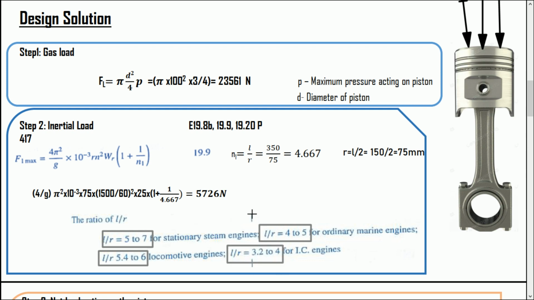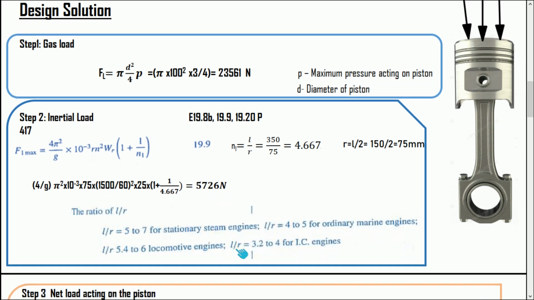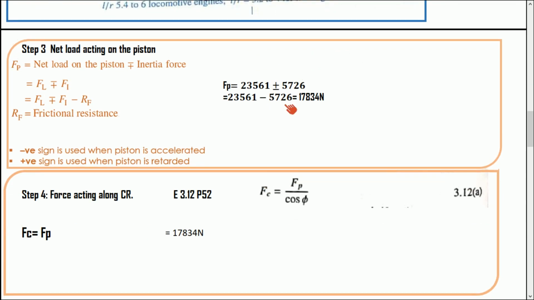Like this we are supposed to take the values of L by R or simply n1, and use them in this equation. So upon substituting all these values, what we are going to get is the inertial load as 5726 Newton.